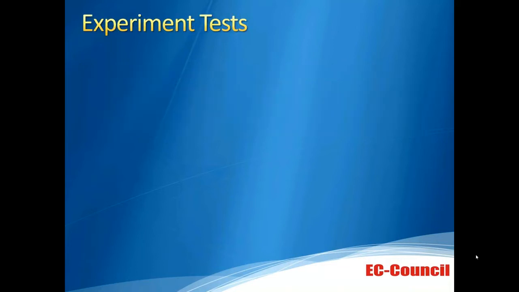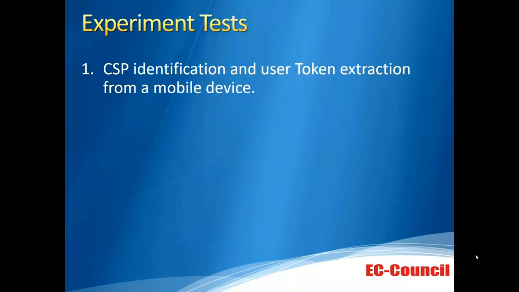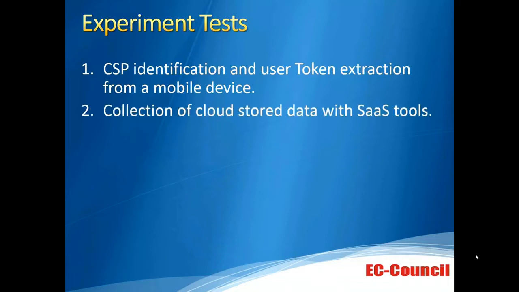The experiment tests concentrate on the following. First of all, was the tool able to identify cloud service providers and extract any device tokens? Cloud data collection was attempted by an automated and manual method.